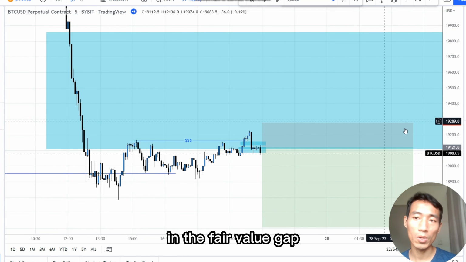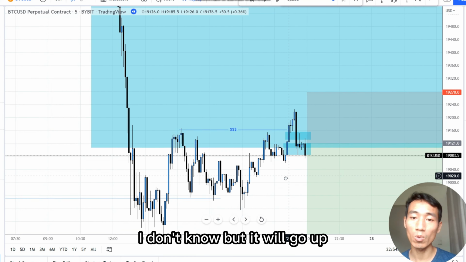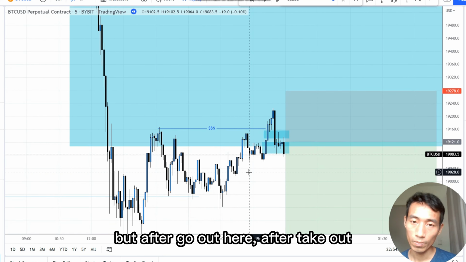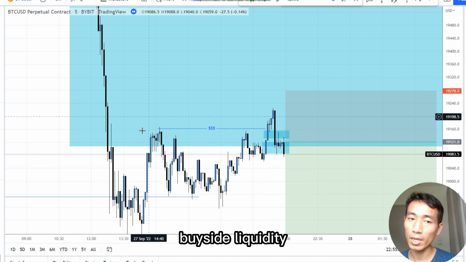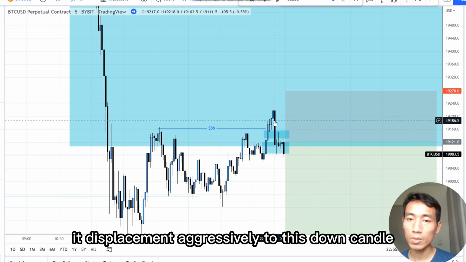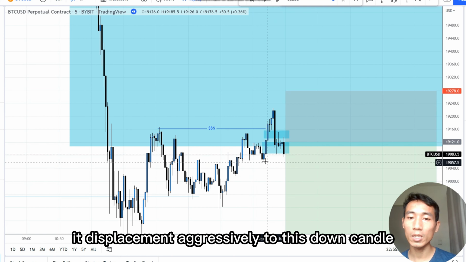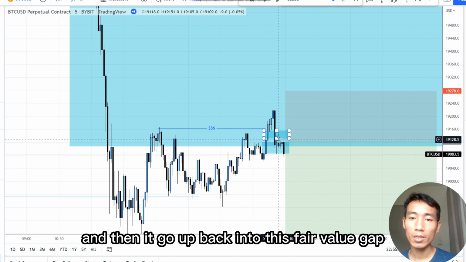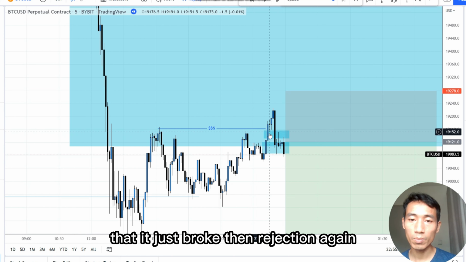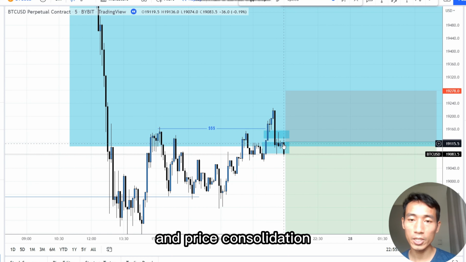I don't know, but it will go up. But after going out here and taking out this buy side liquidity, it displaced aggressively to this down candle, and then it went back up into this fair value gap that it just rejected from, and rejected again, and pre-consolidation.